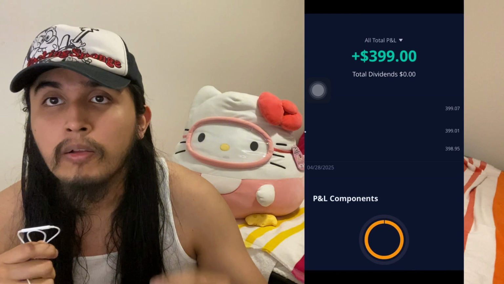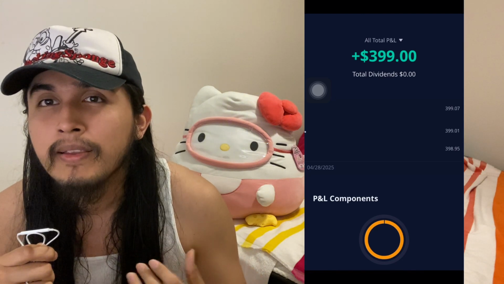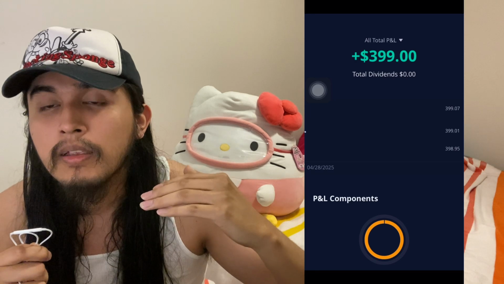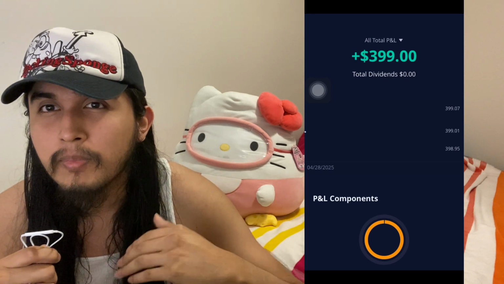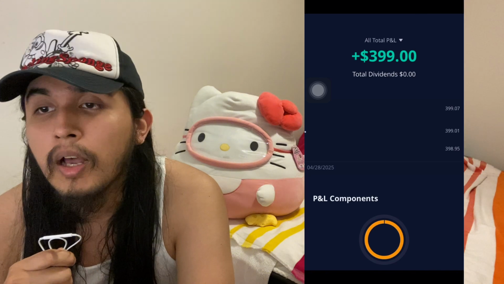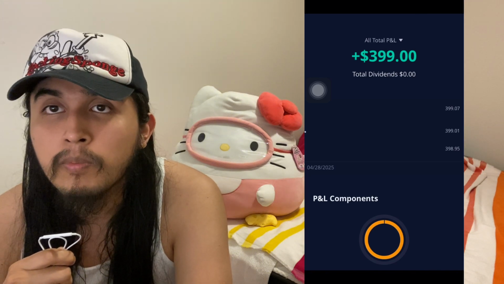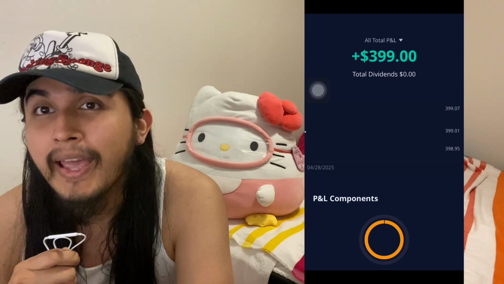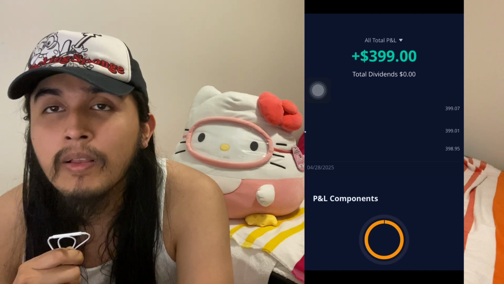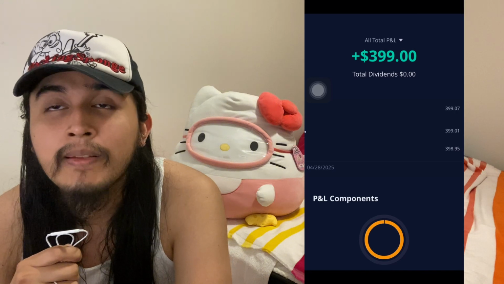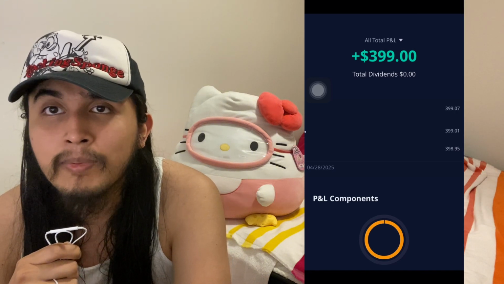If it does, I'll patiently wait and see if it can land on any moving average that's below the stock price. After that happens, I'll buy a couple more options, and that way my average being down 10% will be reduced. Instead of being down 10%, now it'll be down maybe 5%.